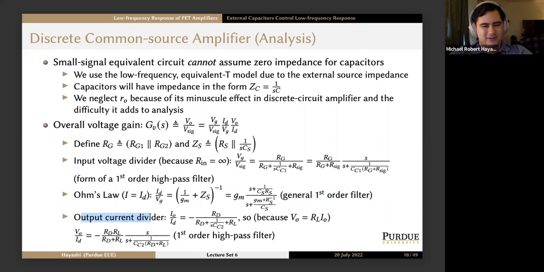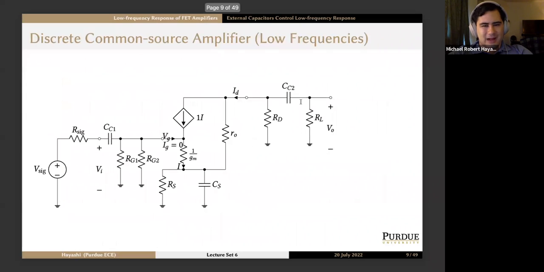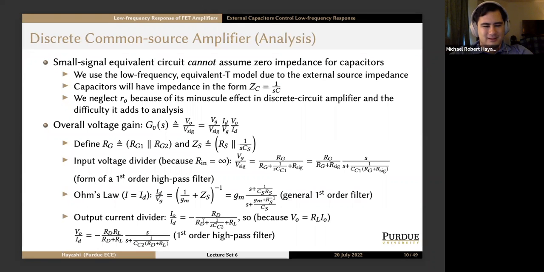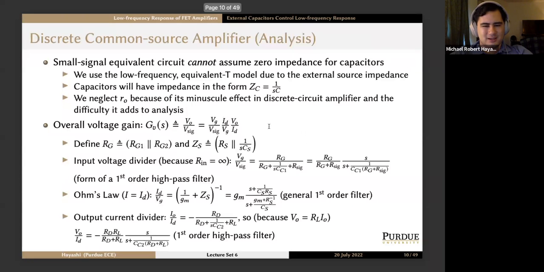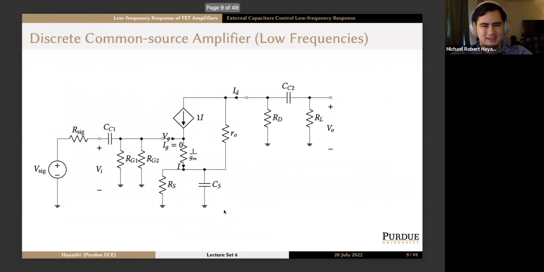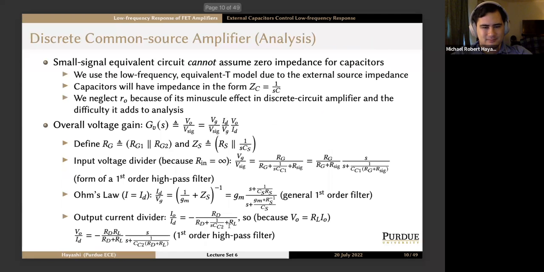And then we have an output current divider where IO, which is the current through the load resistance, how it compares to ID. Well, that is just going to be the other impedance, which is just R sub D over R sub D plus the impedance of this branch, which is 1 over S CC2 plus RL.